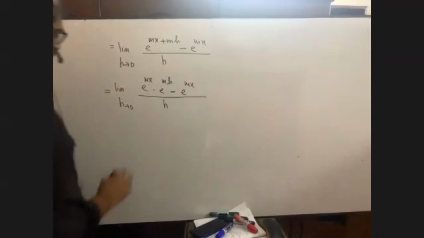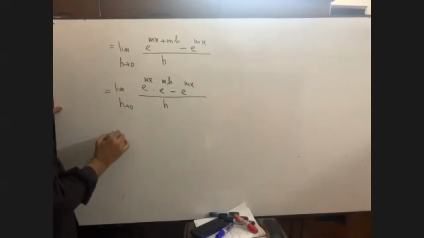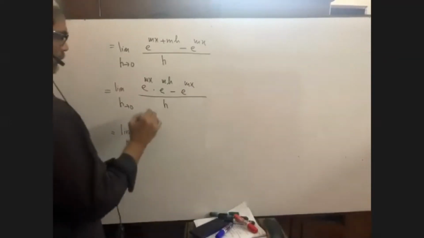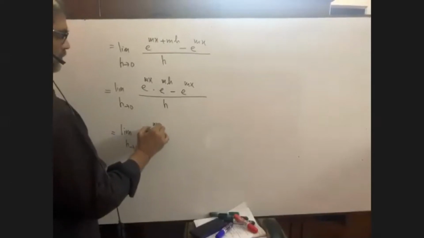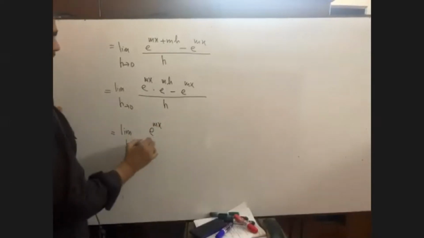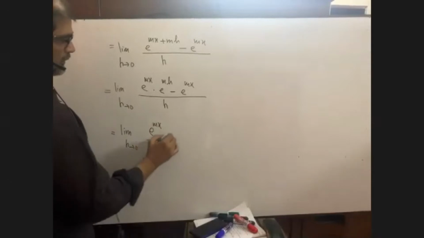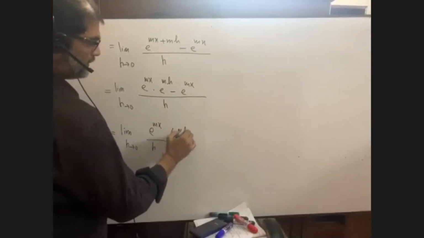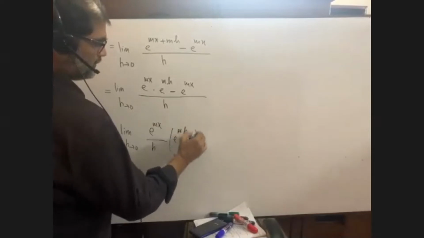Now, from the numerator, we can take e to the power mx common, right? So our math is now like this: e to the power mh minus 1.